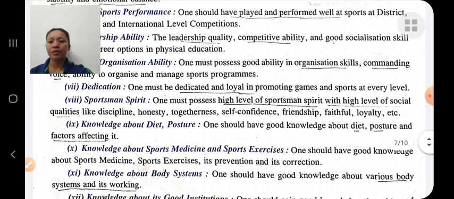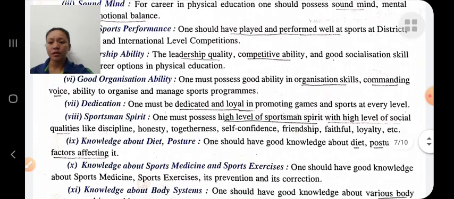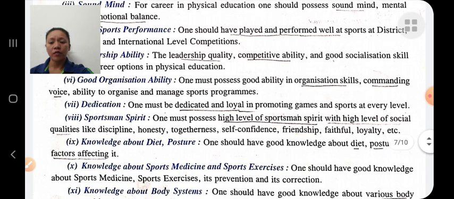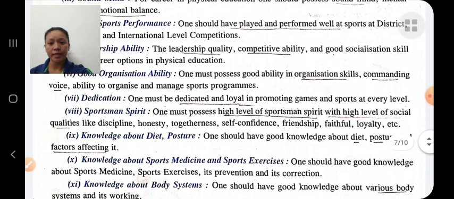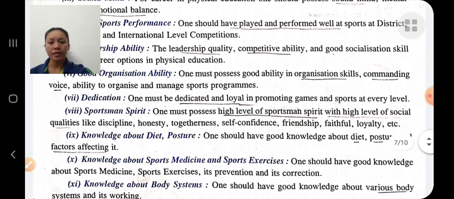Sportsmanship spirit. Dedication: one must be dedicated and loyal in promoting game and sports at every level.